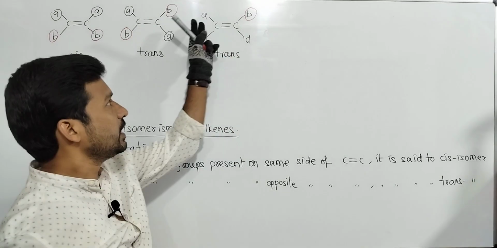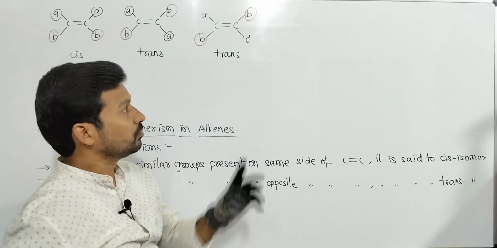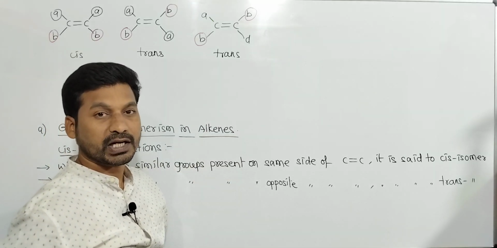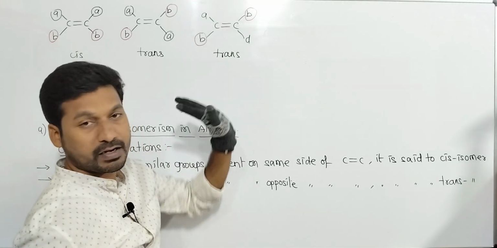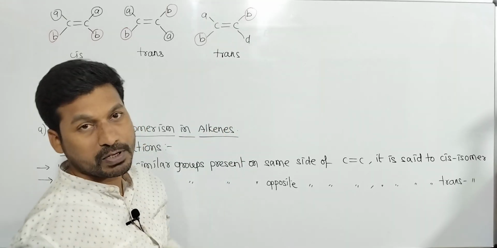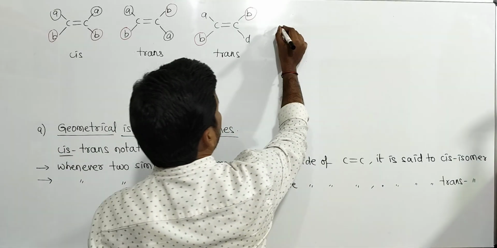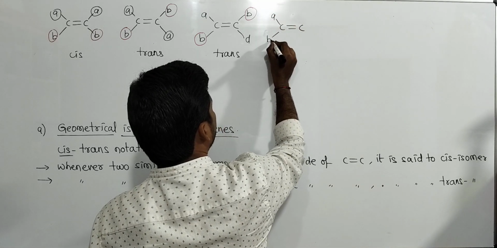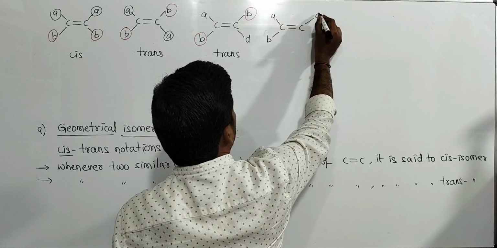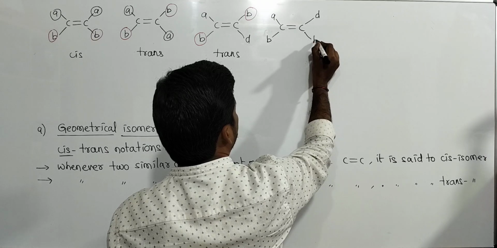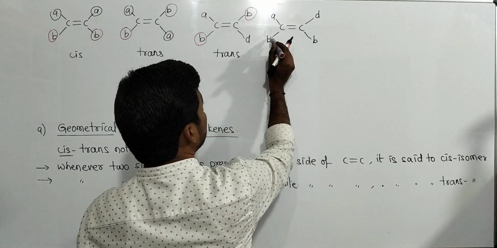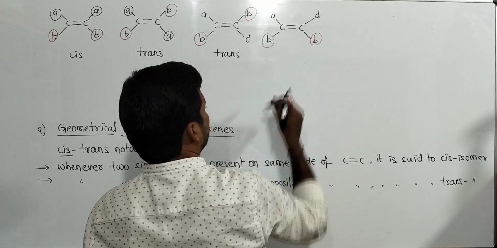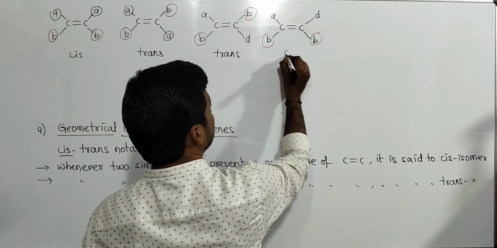With respect to A, is it possible to assign geometrical isomerism? Not possible, A and D are different. Only with respect to the B pair. If both B are present on the same side, like this, this is D and this is B, here the B groups are present on the same side. So this is cis.